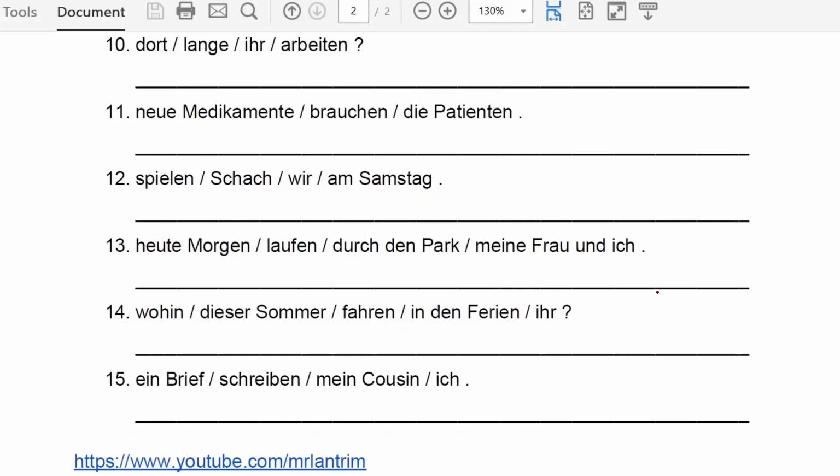For simplicity's sake, I'm going to move to the next slide so that we can do the last 4 here. Next up, we have another statement, this time with the verb spielen, which also uses a form of haben in this tense.